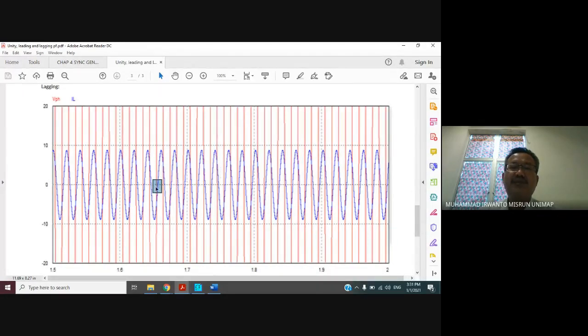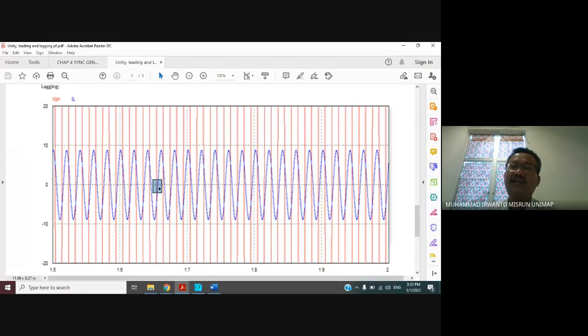If you look at this, which one appears first? The red, right? The red line is the phase voltage. After that comes the current, the blue waveform. Meaning the blue one lags; the red one comes first.